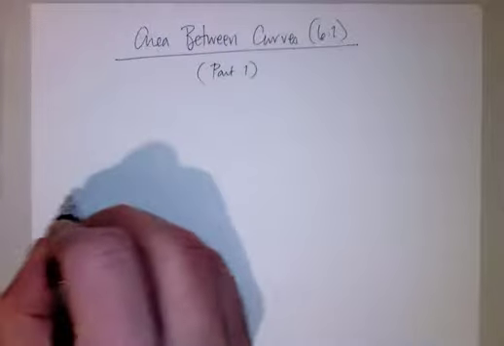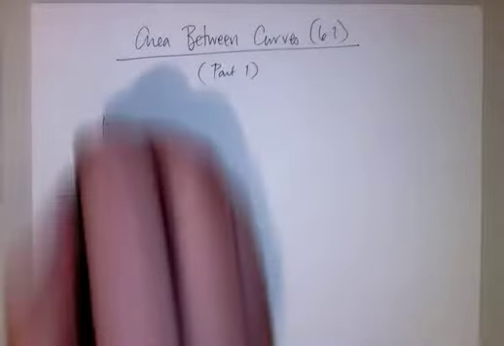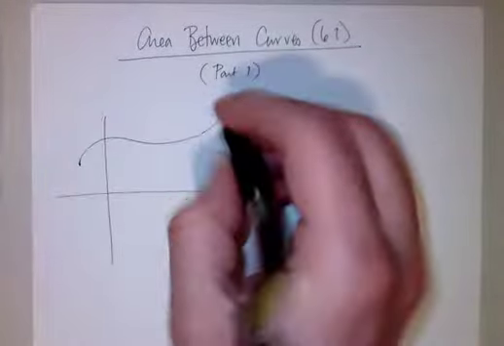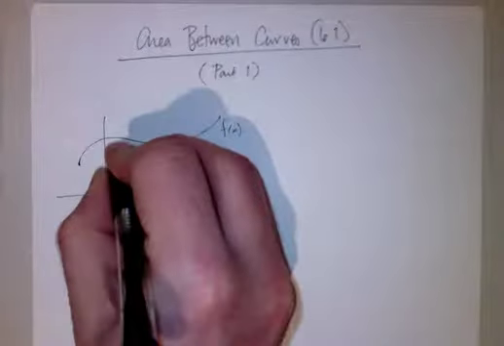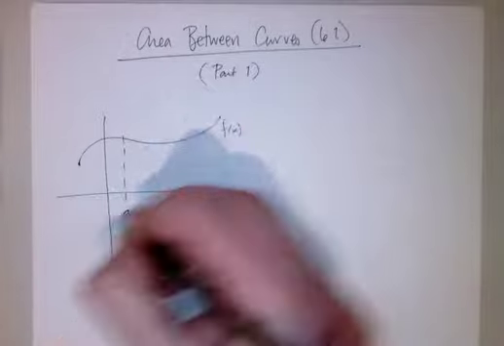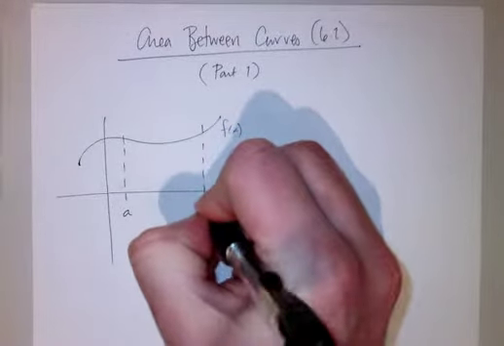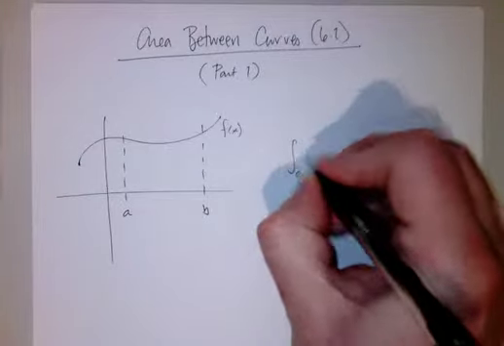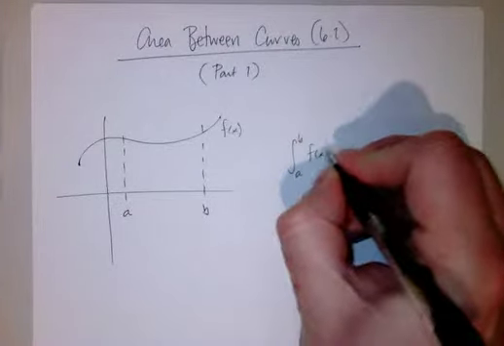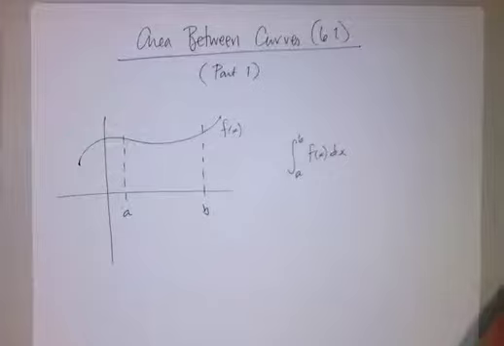Now, obviously, if you have something like this, and this is f of x, and we're looking for the area between a and b, obviously the area is the integral from a to b of f of x dx.